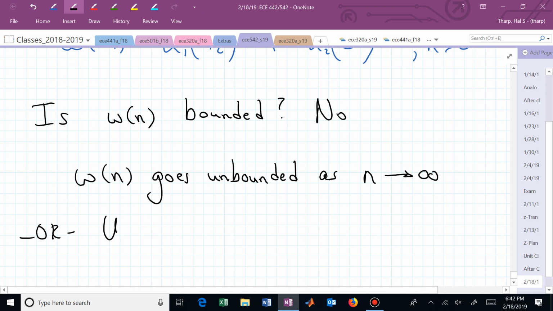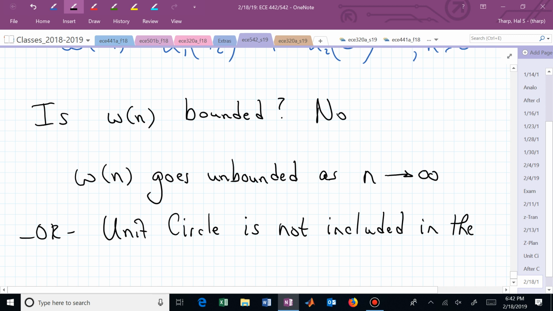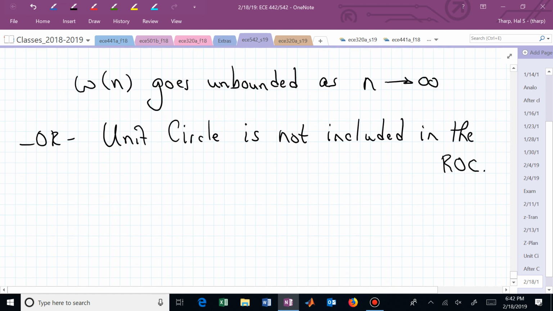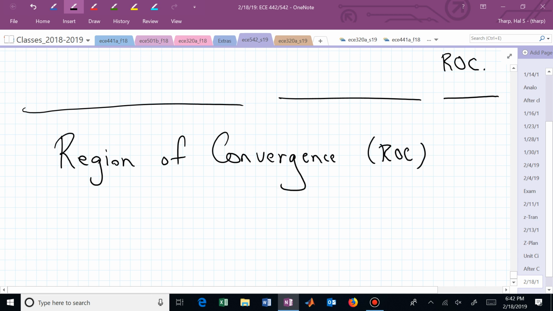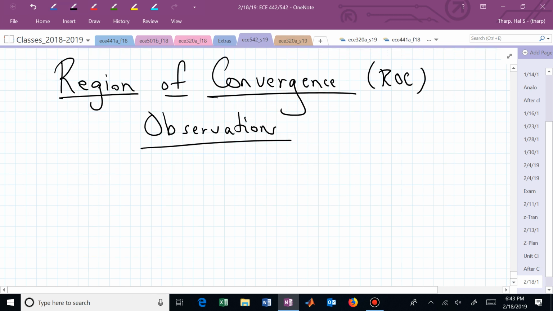The unit circle is not included in the region of convergence. I'm hoping that you're becoming experts with region of convergence.